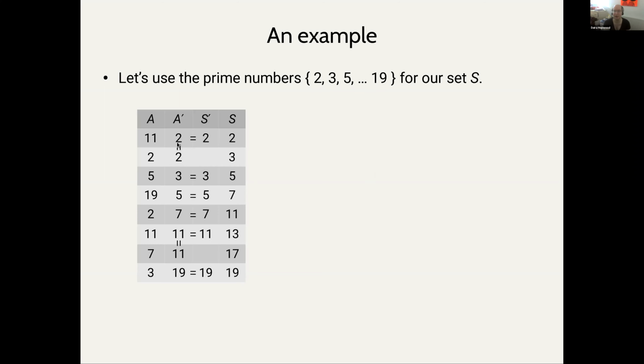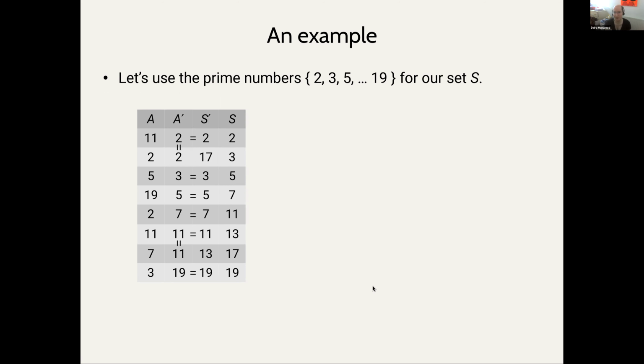So by induction, we can show that all of the values in A prime must be in S, because if they're equal to the value in S prime, then that's obviously a value in S, or they're equal to another value in A prime that's earlier in the induction, so that's also in S prime. And notice that we've got some spaces here that aren't filled in. We need S prime to be a permutation, so we just fill those in arbitrarily with the missing values.